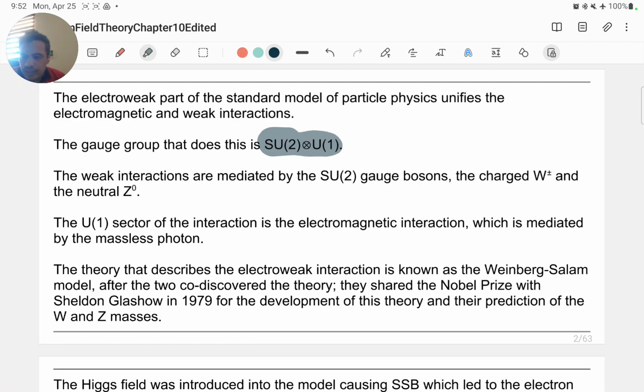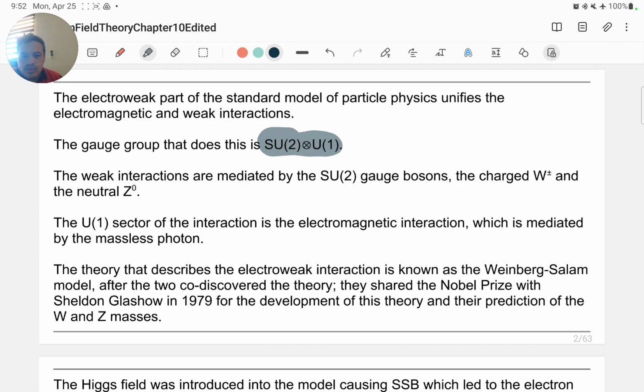The weak interaction is so similar to the electromagnetic interaction, except that for the electromagnetic interaction you have a mediator that is massless, that's the photon.